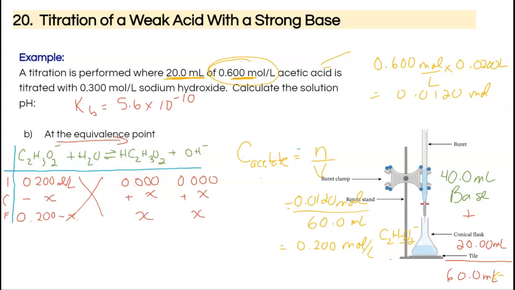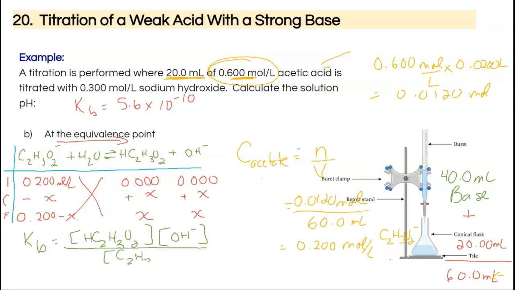And this is going to look a lot like what we did before. And so I know that Kb, in this case, is going to be equal to the concentration of my products raised to the exponent of their coefficients in the balanced chemical equation, divided by that of my reactants.